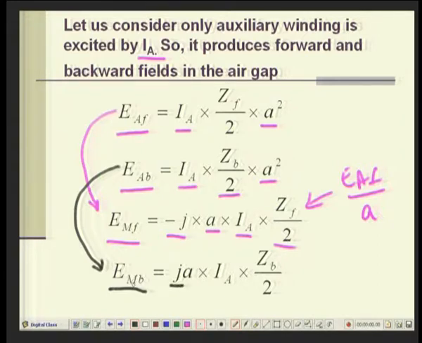So it will be j times IA ZB by 2 divided by A. Just due to the backward field, voltage is again induced in both the main and auxiliary windings. If you excite the main winding, it produces two voltages in the main winding and two in the auxiliary winding. If both are excited, you get the cumulative effect by superposition.